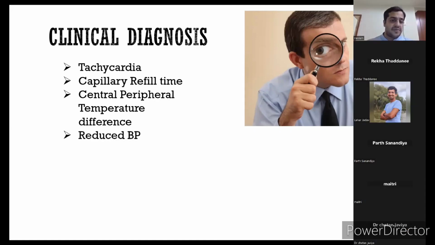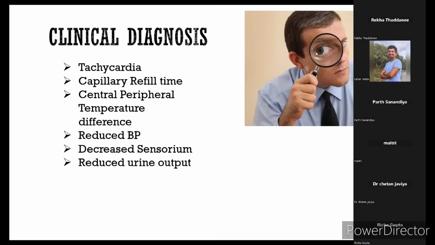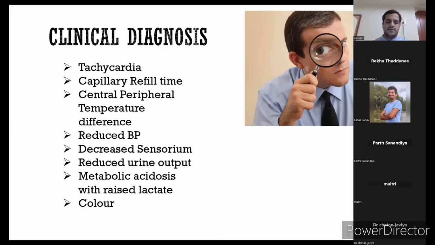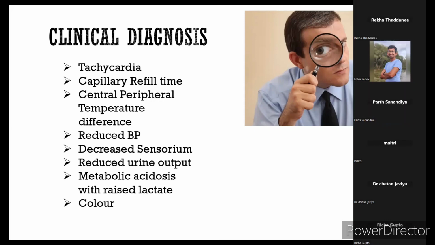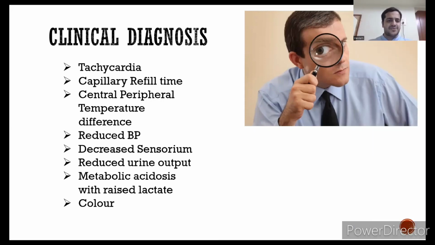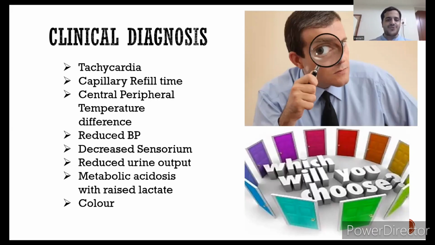There will be a reduced BP, decreased sensorium, decreased urine output, metabolic acidosis with raised lactate, and the color also will be cyanosed or dusky, whatever you say. So there are some 7 or 8 different ways in which we can clinically diagnose. Now, the challenge is, which of these to rely on more? Which one to choose, which is better than the other?